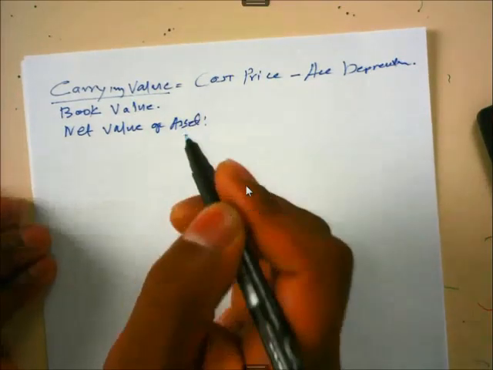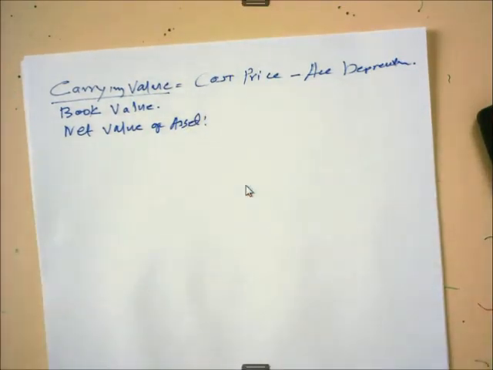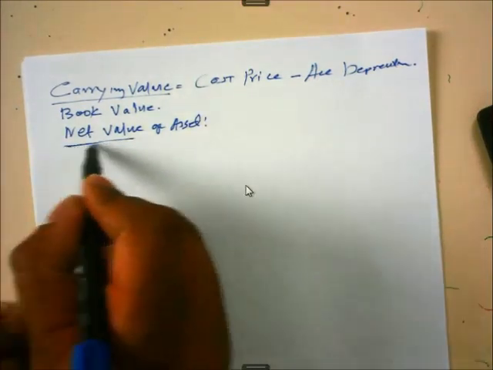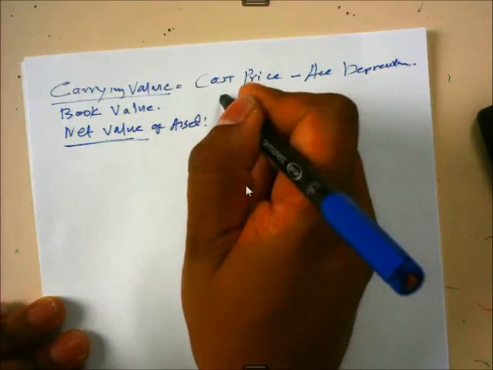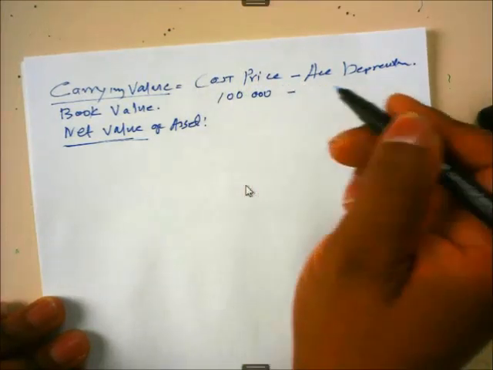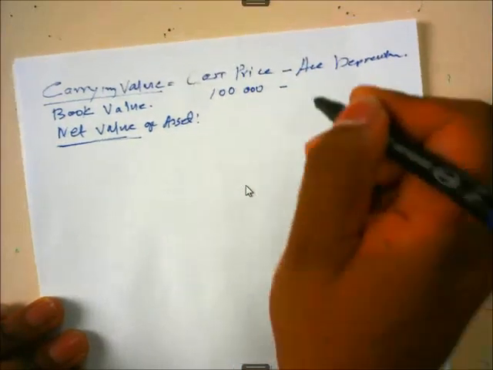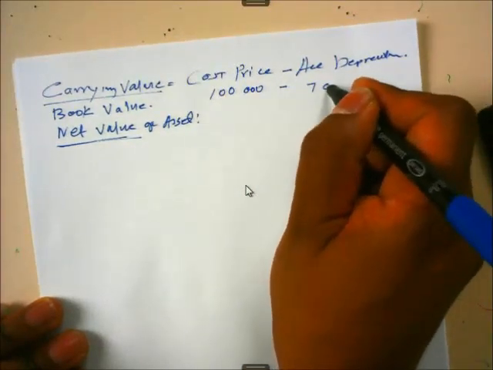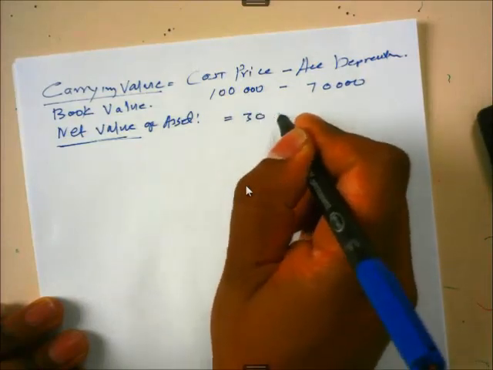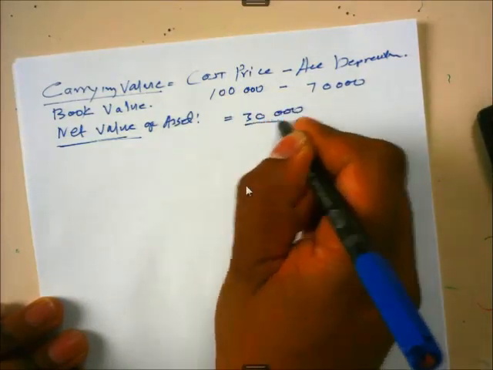What does that mean? It means now if you want to sell your asset, you must at least sell it at this value. For an example, if my cost price is 100,000 and my accumulated depreciation on this asset is, let's say, 70,000, then it means my carrying value is 30,000 or my book value is 30,000.